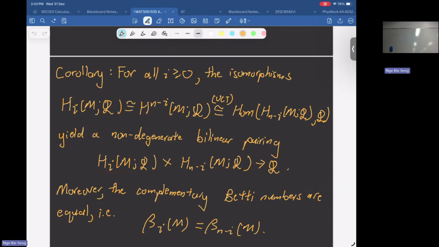A bilinear pairing will give you an isomorphism, and an isomorphism will give you a bilinear pairing. And then this will also imply that their complementary Betti numbers are the same. Need to prove that, but I just want you to observe these things first.